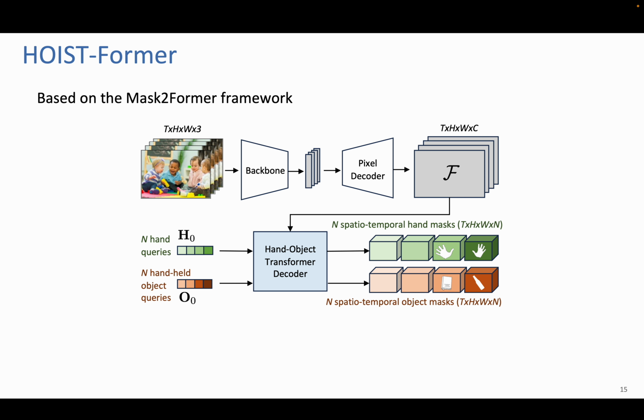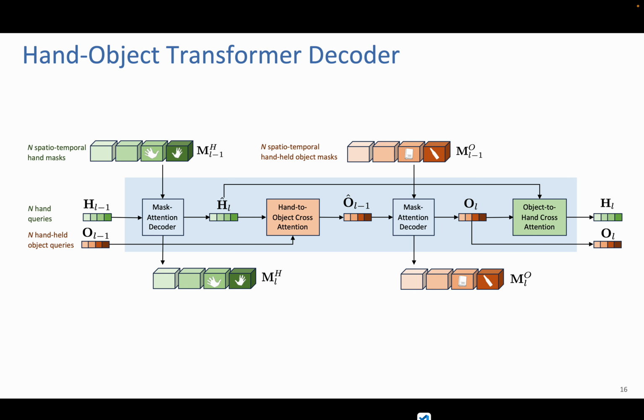It takes a sequence of video frames as inputs and outputs spatiotemporal masks for hands and handheld objects. The core engine behind the HOIST former is a novel hand-object transformer decoder that iteratively localizes hands and corresponding handheld objects by iteratively pooling information between hand and object features.